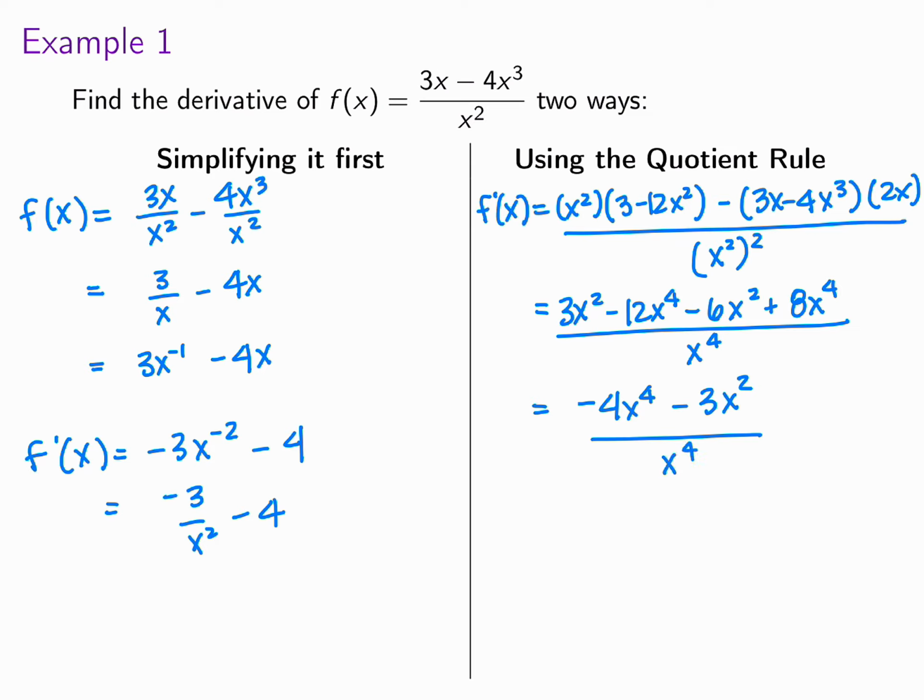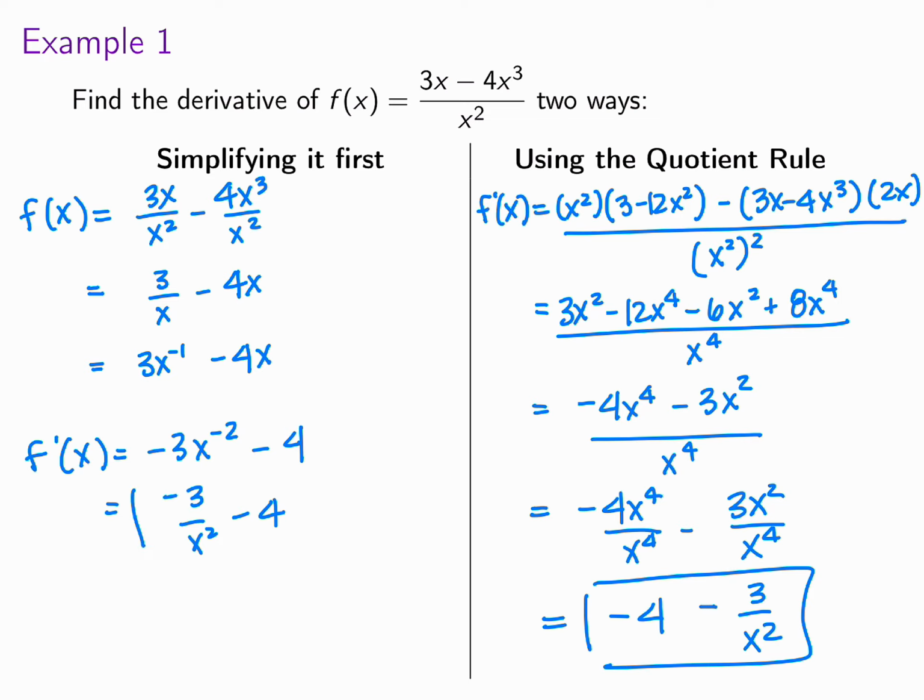And we'll clean this up just a little bit further, just so that we can make sure it does match our original where we simplified it first. So that would be negative 4x to the fourth over x to the fourth minus 3x squared over x to the fourth. And if we simplify, we're getting negative 4 minus 3 over x squared, which we notice is exactly what we got last time.